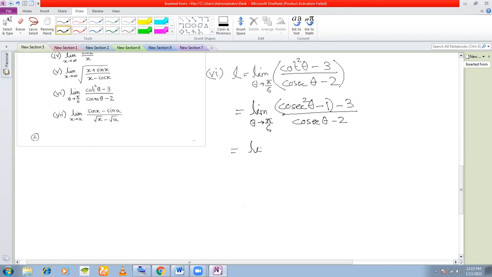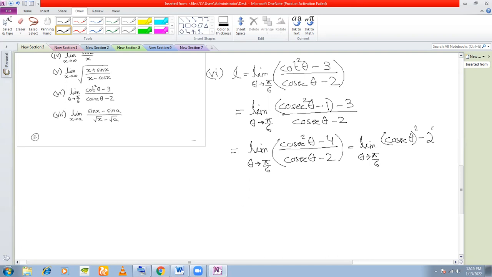So this becomes limit theta tends to pi by 6, cosec square theta minus 4 divided by cosec theta minus 2. Right? Now this cosec square theta minus 4 is a difference of two squares, right? Limit theta tends to pi by 6, cosec theta square minus 2 square divided by cosec theta minus 2.